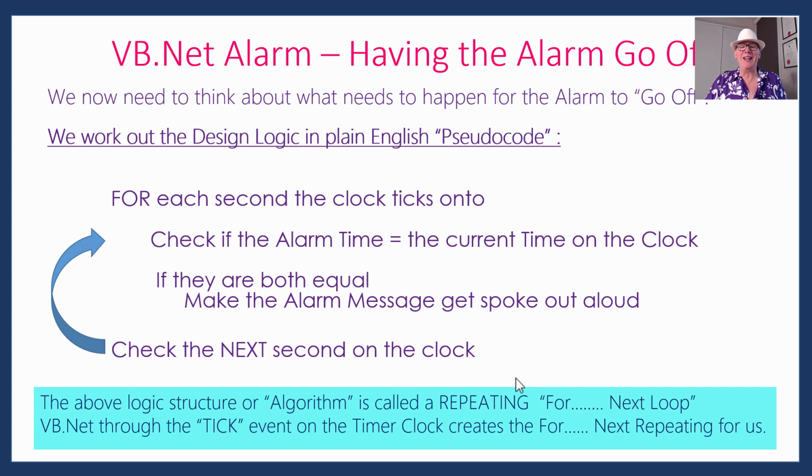So we write some plain English pseudocode, it's called. And this is part of your design. And if you're continuing on in Melbourne, Australia, VCE, software development, VCE applied computing, you will have to write pseudocode. So we're just sort of getting that sorted a little bit in this course, but not going into it in detail like we do in our other playlist all about application programming. But anyway, pseudocode.